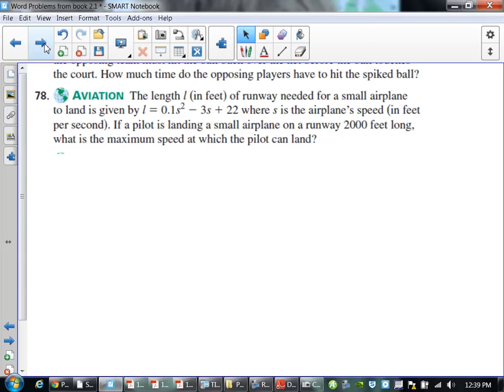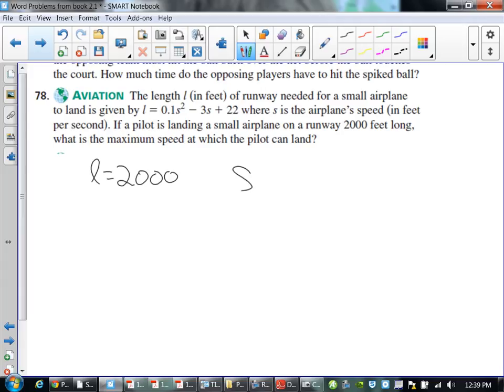The runway needed for a small airplane is given by a formula where S is the speed of the airplane in feet per second. If a pilot is landing a small airplane on a runway that's 2,000 feet long, what's the maximum speed the pilot can land? L is going to equal 2,000. What is S equal? So you have 2,000 equals 0.1 S squared minus 3S plus 22.